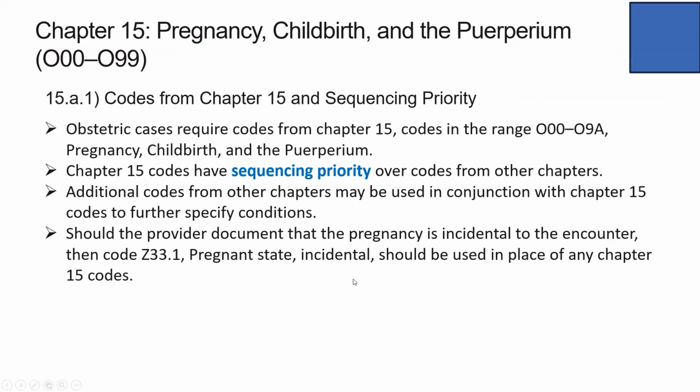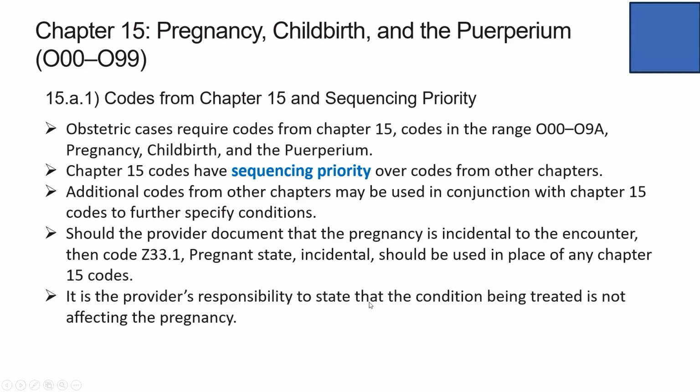But there are times where the provider may say that the pregnant state is incidental to the current condition. And in that case, we could code Z33.1 pregnant state incidental, and then we might not have a chapter 15 code as our first listed or principal diagnosis in that situation.